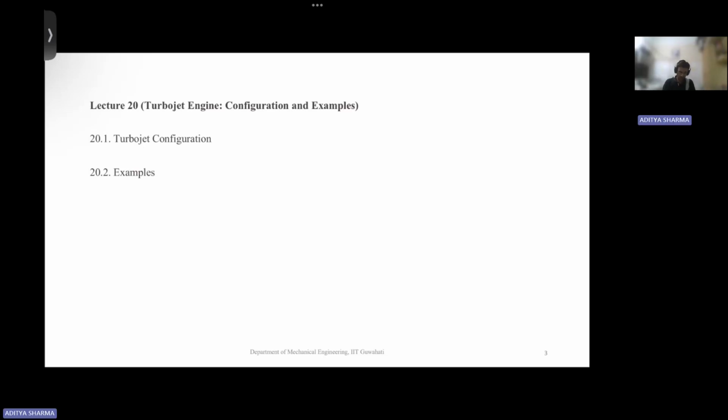So first lecture is lecture number 20, turbojet engine. Its configuration has been discussed and then examples have been discussed. In this lecture 20 content, I'll just discuss the configuration of the turbojet engine and then we shall see questions related to it.